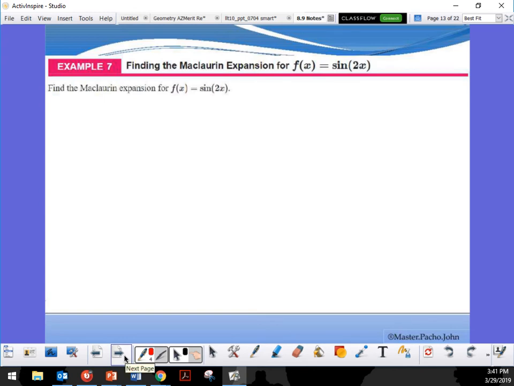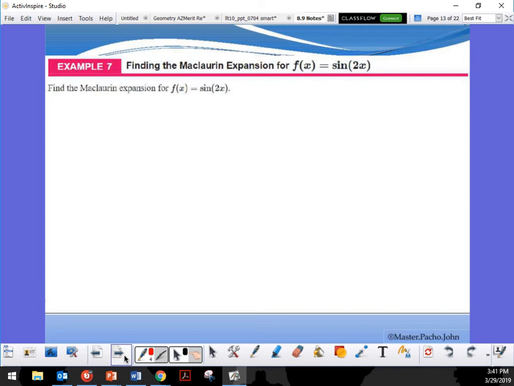Okay, so now we're going to expansion. Maclaurin series for this. Yes. I have to leave. Okay. Now, did we already do sin x? Yes.